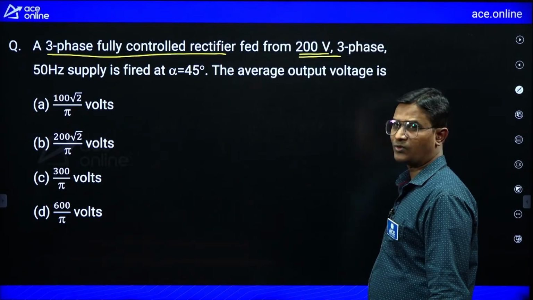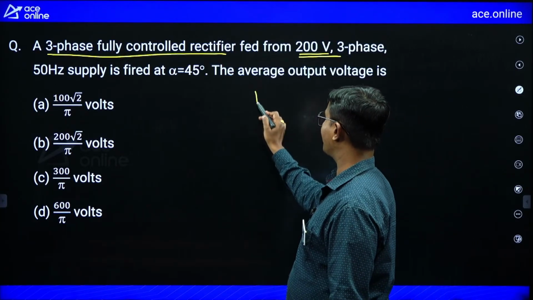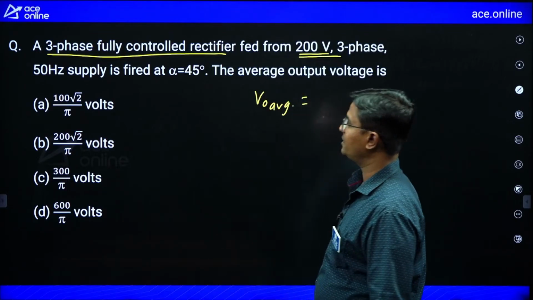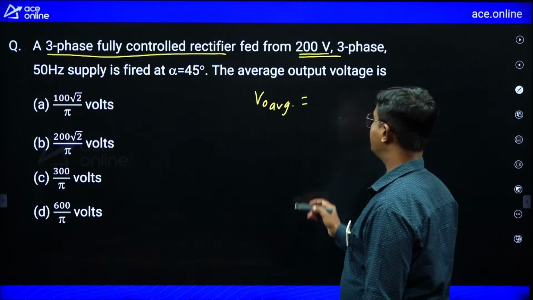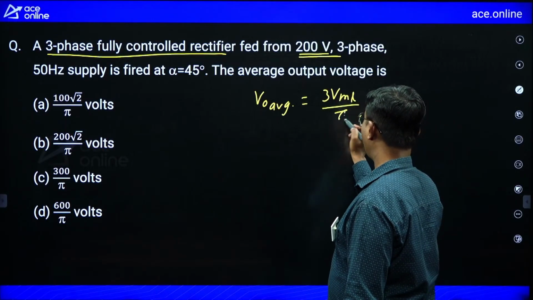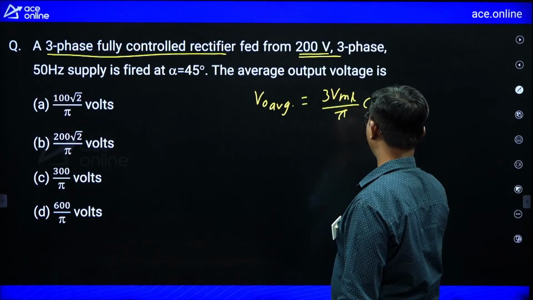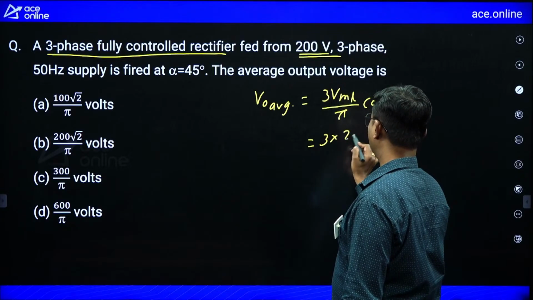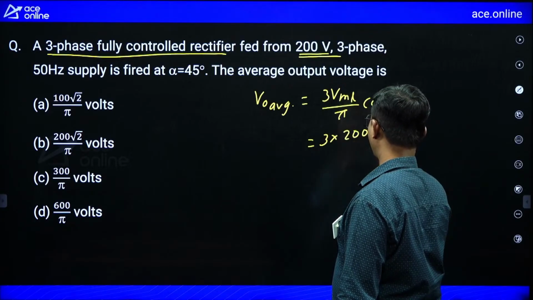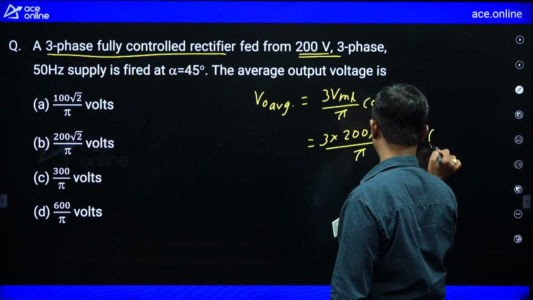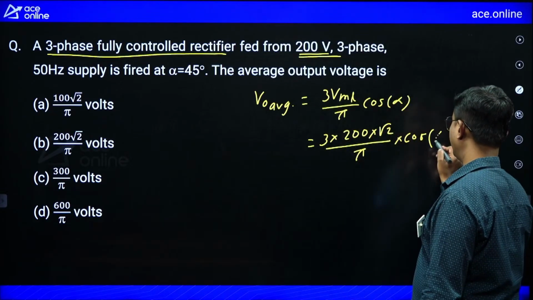The average output voltage, V0 average. What is the output voltage expression? It is 3 VML upon pi into cos alpha. So simply it is 3 into VML, which is 200 into root 2, upon pi into cos of alpha. Alpha is 45 degree.